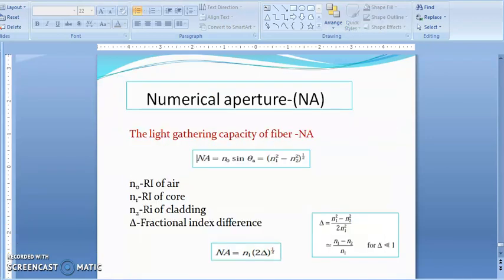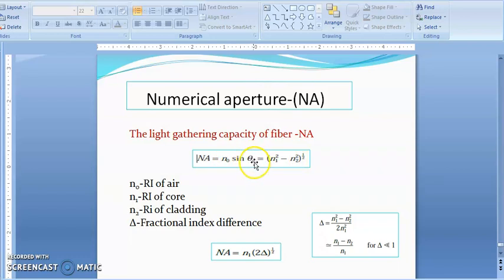Next, numerical aperture. It is the light gathering capacity of a fiber. The formula for it is NA is equal to N naught sine theta A. It can be written as root of N1 square minus N2 square. This N1 and N2 are the refractive indices of the first medium and second medium. N naught is for air, its value is 1.